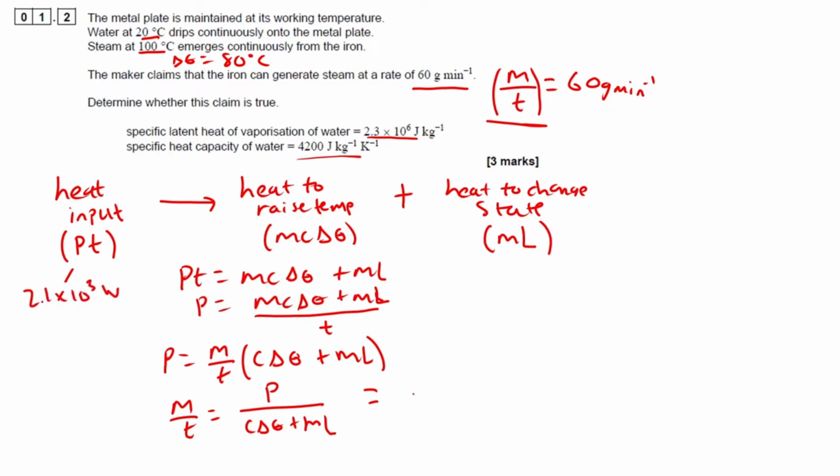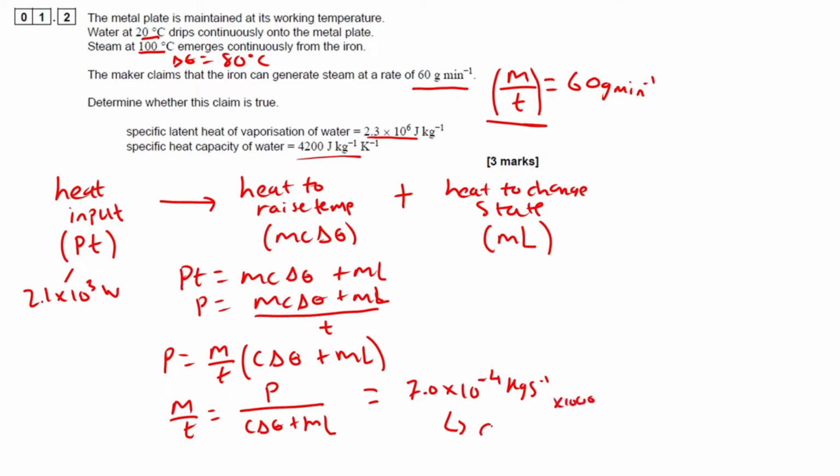When you put these numbers in, you get 7.0 times 10 to the minus 4 kilograms per second, because all these units are the standard units. Mass must be in kilograms, time in seconds. All I have to do now is compare that with the 60 grams per minute. So I should convert this into grams per minute. I will times it by 1,000 first to get into grams per second.